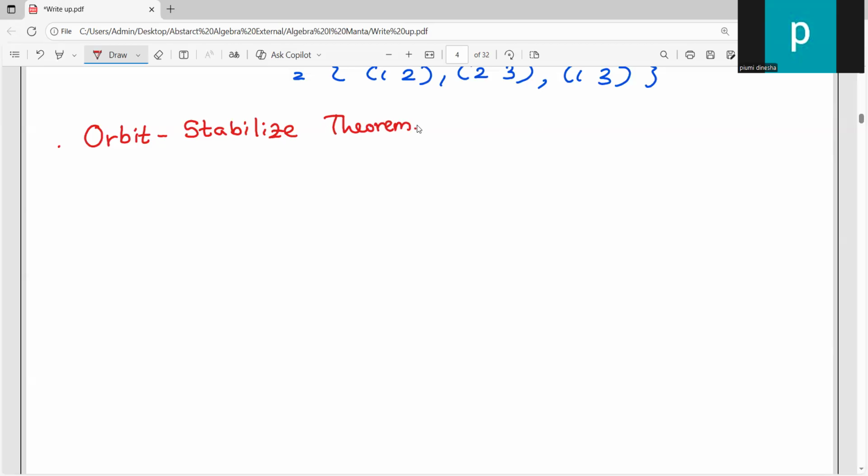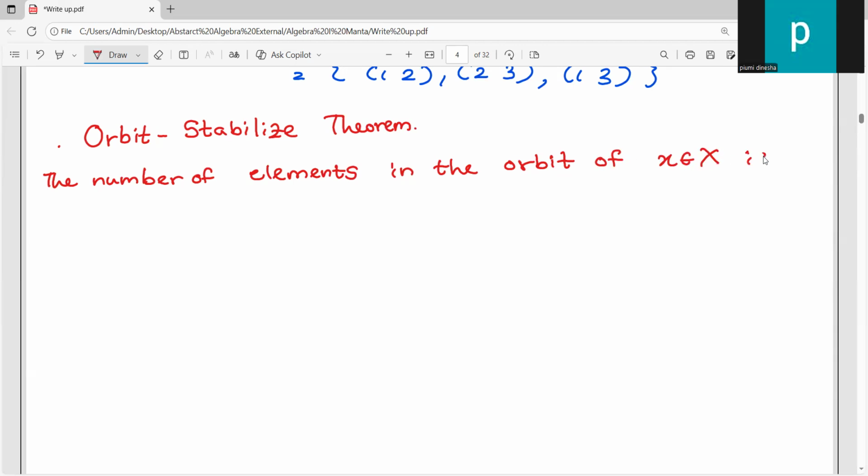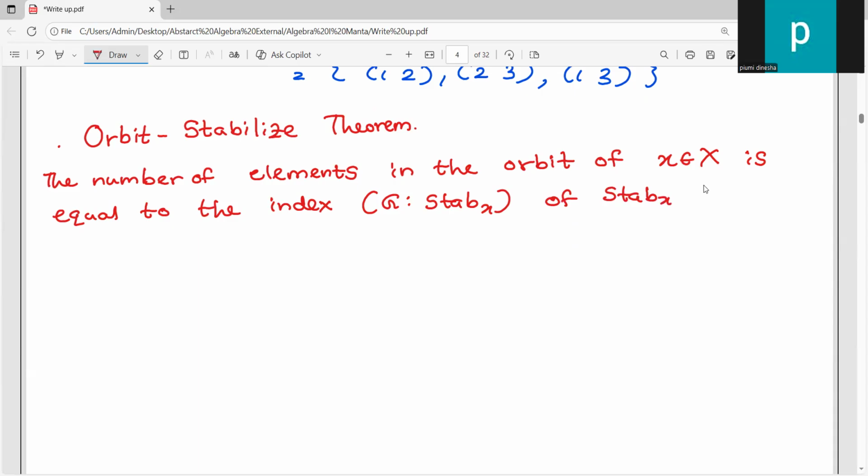The number of elements in the orbit of this element x is equal to the index of the stabilizer of x in G, right?